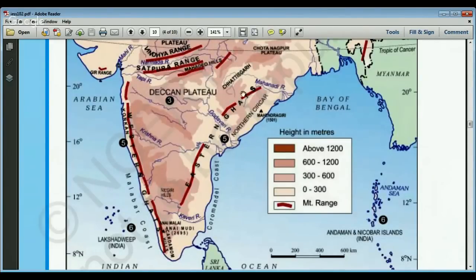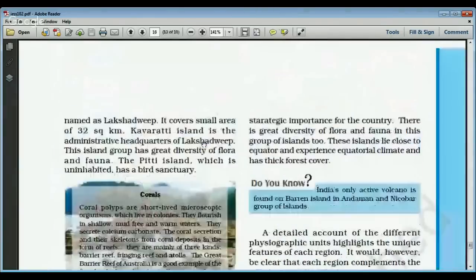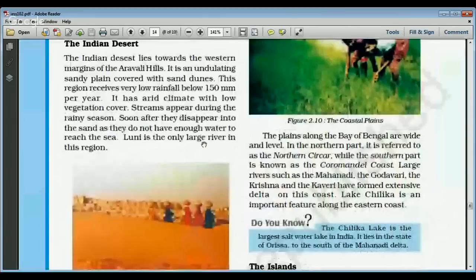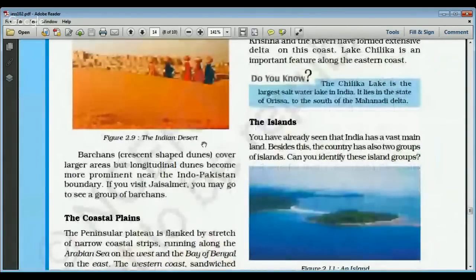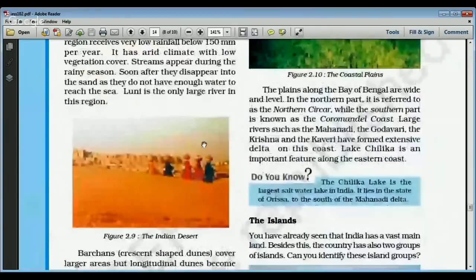The Eastern Ghats are discontinuous, and the eastern coastal plains are very wide. The plains along the Bay of Bengal are wide and level.